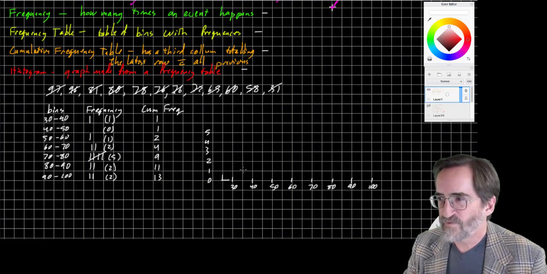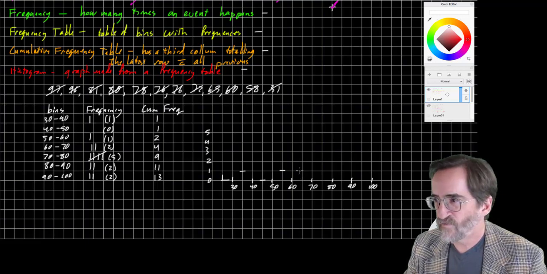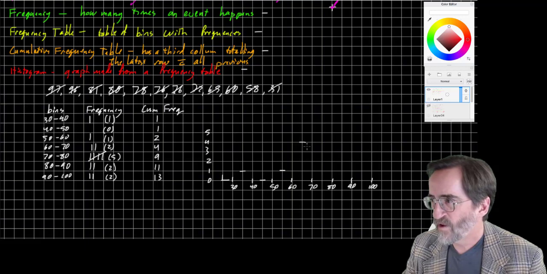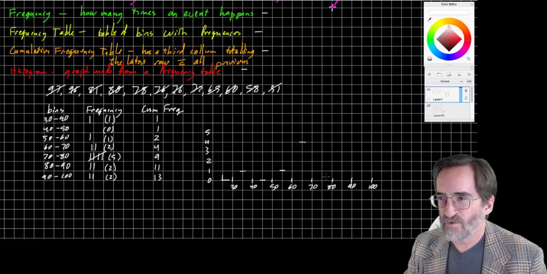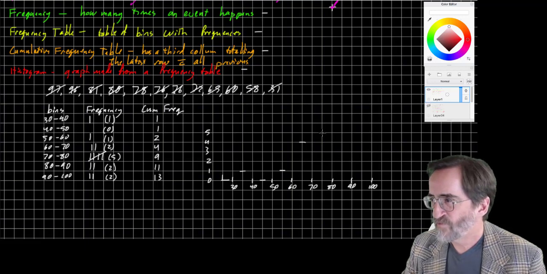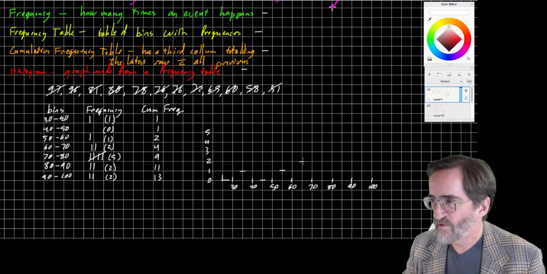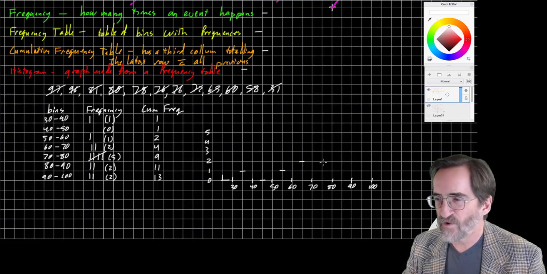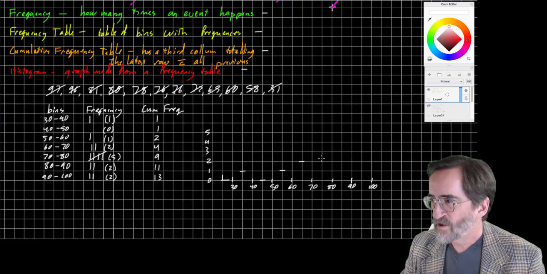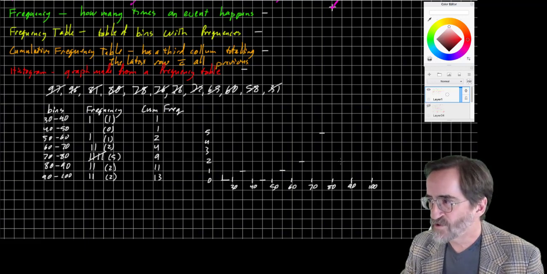For 40 to 50, the frequency was 0. 50 to 60, the frequency was 1. 60 to 70, the frequency was 2, sorry, I would have looked at the cumulative frequency instead. That was a mistake. 70 to 80, the frequency was 5. 80 to 90, the frequency was 2, and 90 to 100, the frequency was 2.